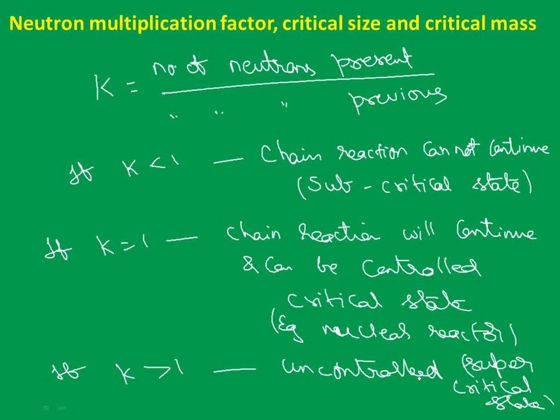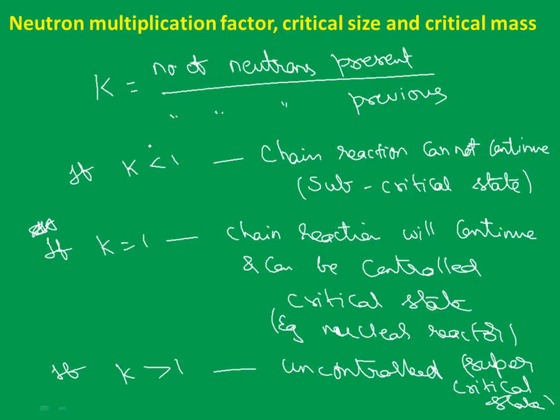In terms of K, the size of the fissionable material for which the multiplication factor K equals 1 is called the critical size, and the mass in that situation is called the critical mass. The chain reaction in this case remains steady or sustained. Are we clear with this?